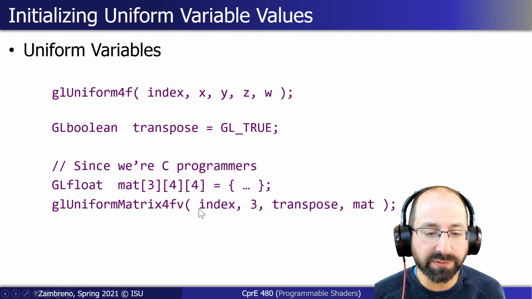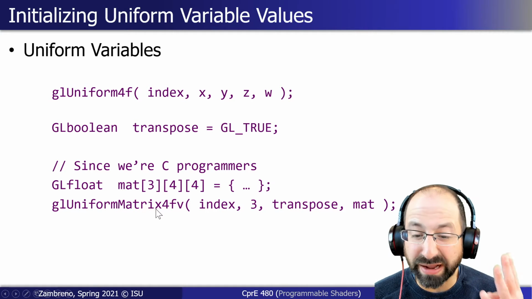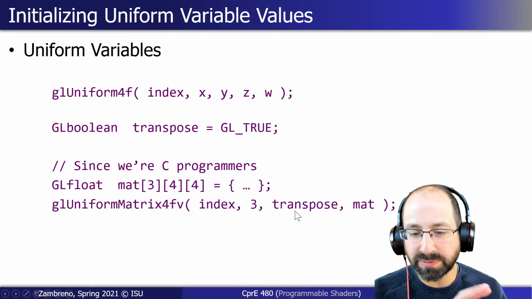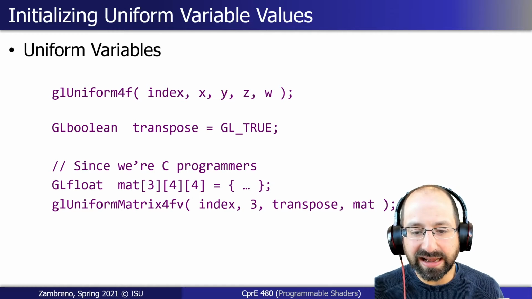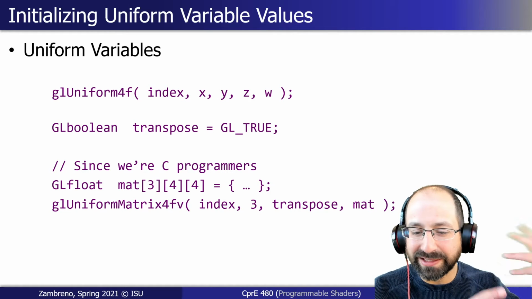We still specify the index, again, 4F, meaning we're still specifying four floating point values, but we're doing so as vectors, and the idea is we're specifying entire matrices here. So these 4 by 4 array types is what we're specifying. We can directly specify whether the matrix is transposed or not. And there were a lot of double negatives in our thought processes.